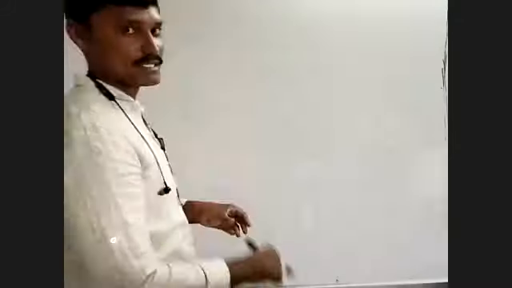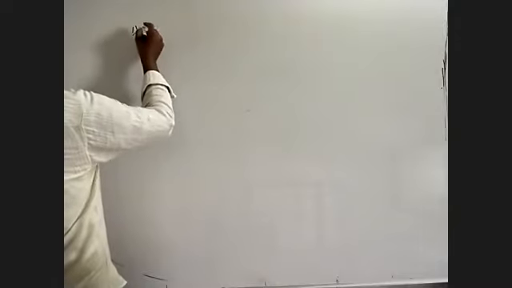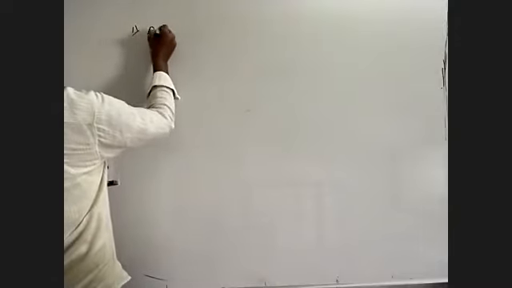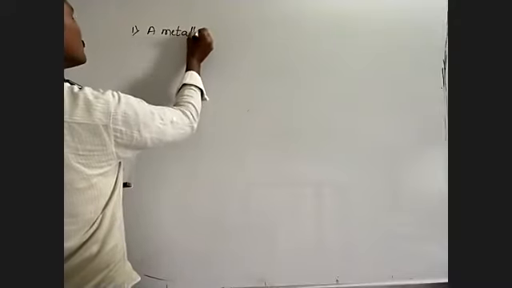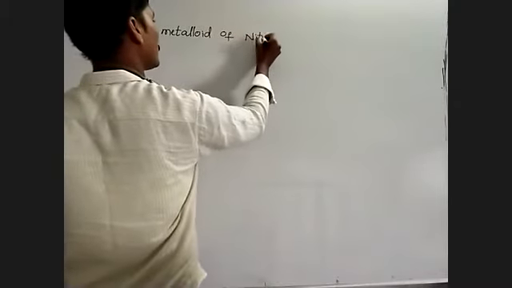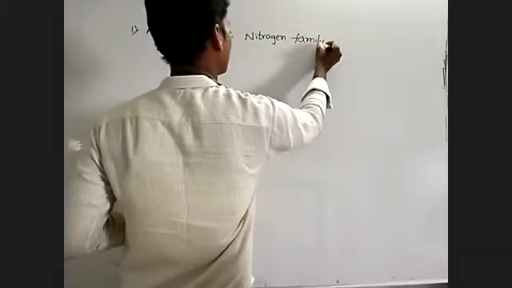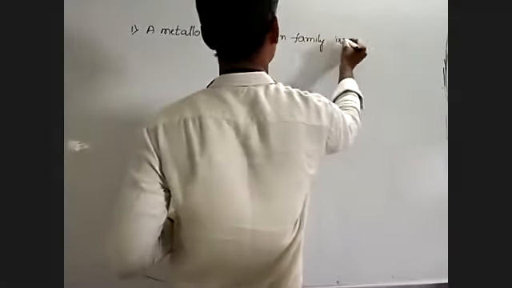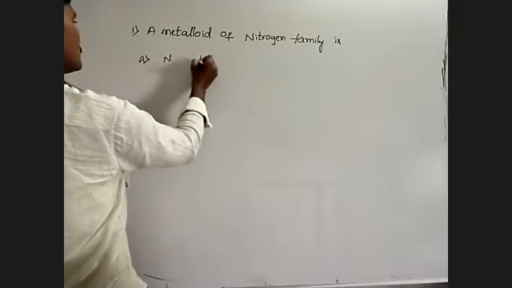Group 15 elements. In group 15 elements, level 1 problem. First one is a metalloid of nitrogen family. Option A, nitrogen.